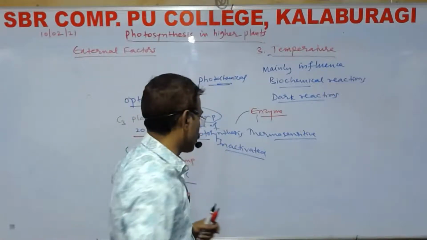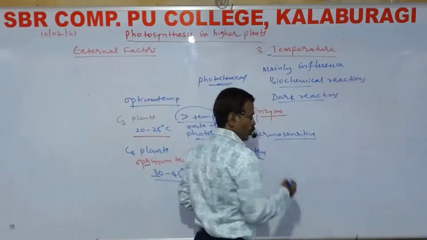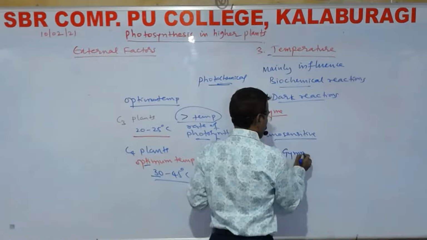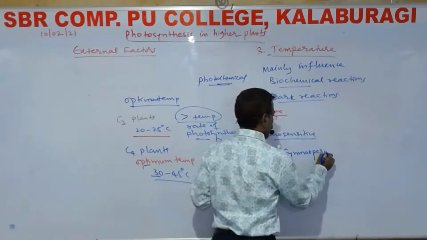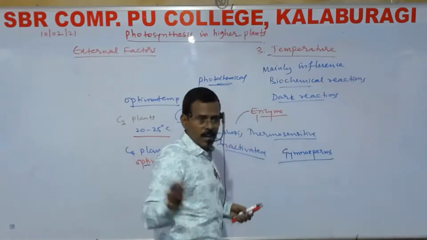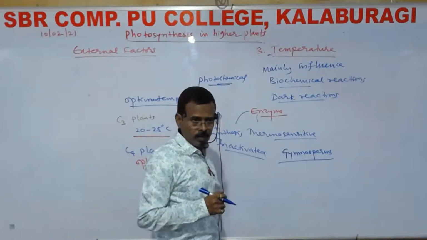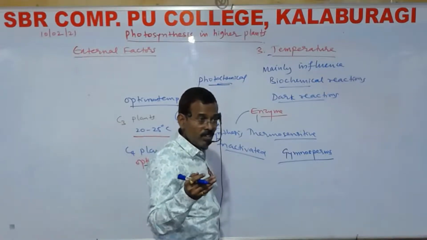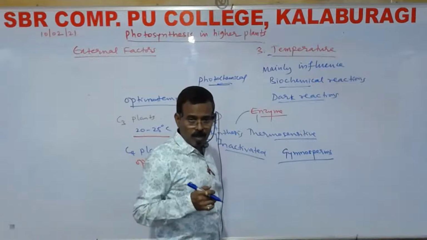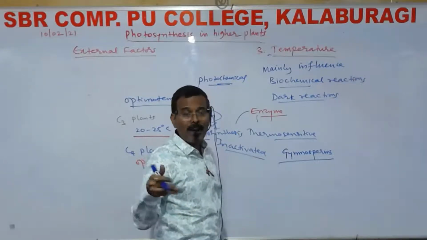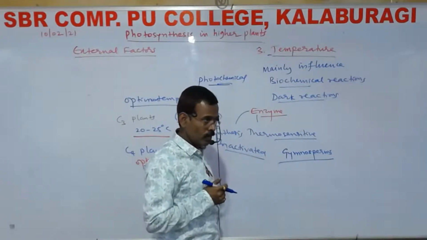There are some plants, usually gymnosperms, which grow in cold regions of the world, Himalaya, tundra region. Temperature is low, 0, sometimes, especially in winter, below zero degrees Celsius.